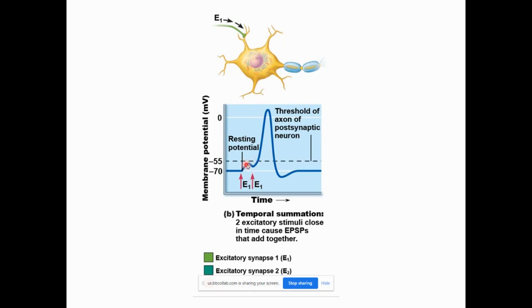One piggybacks on the other. So as soon as you hit that negative 55, you don't need the numbers, you're going to have that action potential, all or nothing. So we just added two graded potentials together. We summated them. This is temporal summation because two fired off in a small period of time.